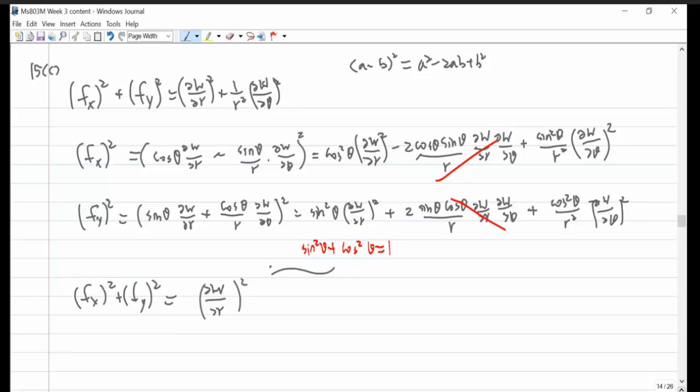And then over here, same, sine square plus cosine square is 1, so we get 1 over r square and dw d theta square. That's how we get this. So this is how you answer question 15C, the whole question of starting from chain rule, and then digress a little bit, use something you know in AM2, and then find the answer.